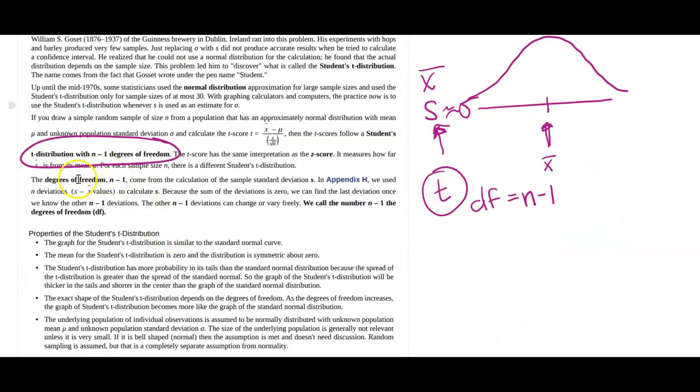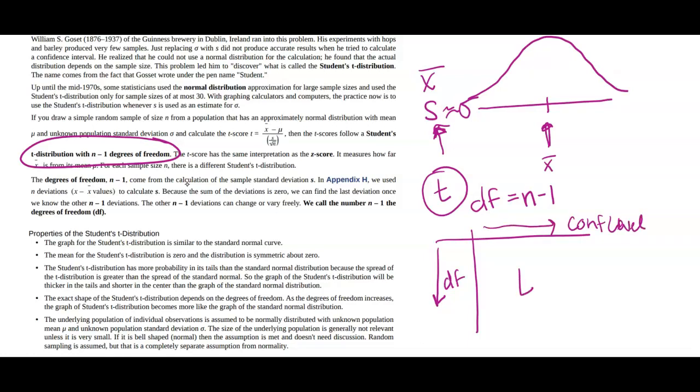And there is a t distribution chart. What you end up looking at for your t distribution chart is that this row here tells you your degrees of freedom, and this row here is your confidence level. Then your associated t value is what's on the inside of that chart.